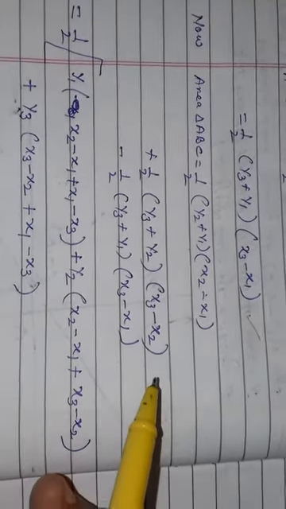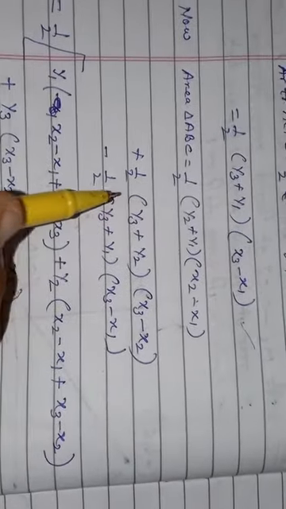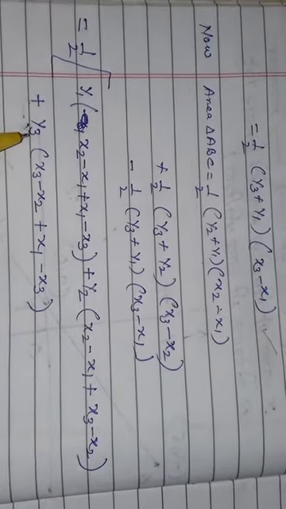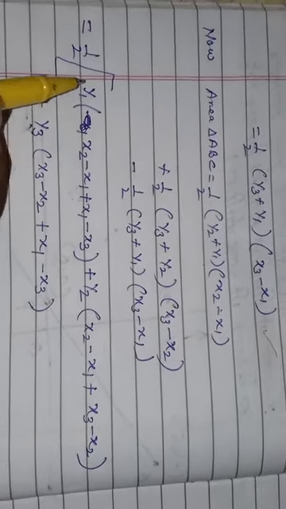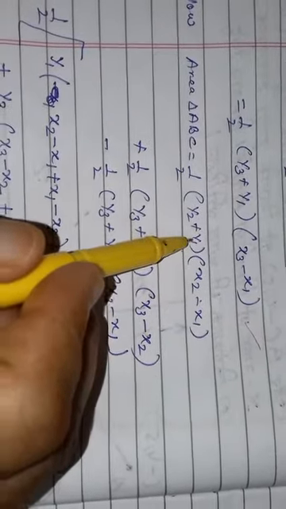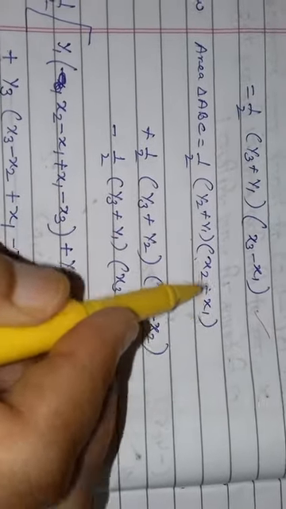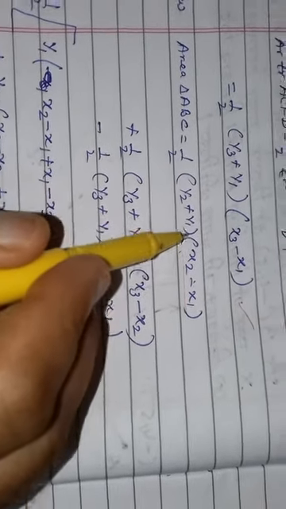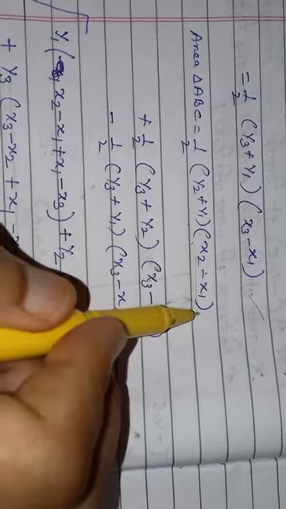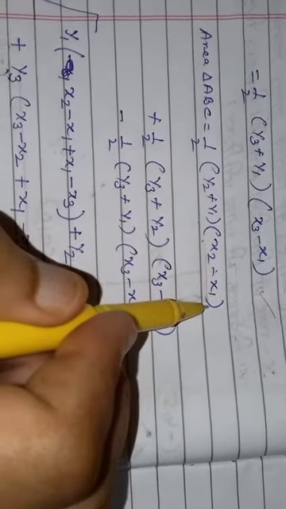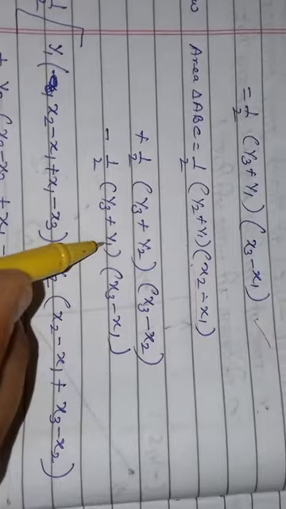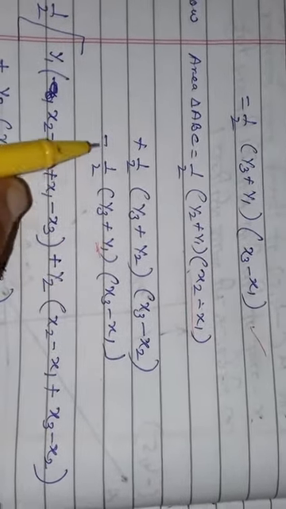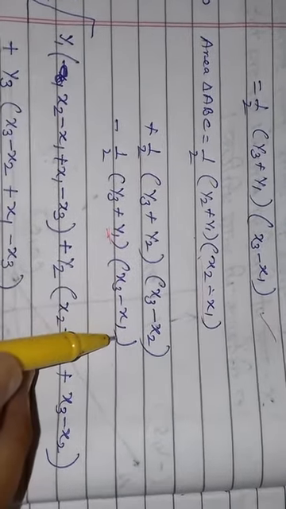Now we will take the coefficients of y1, y2 and y3 separately. Let us find the coefficient of y1. Here y1 is multiplied with x2 minus x1, so the coefficient is x2 minus x1. Again, the coefficient of y1 here is minus into x3 minus x1.